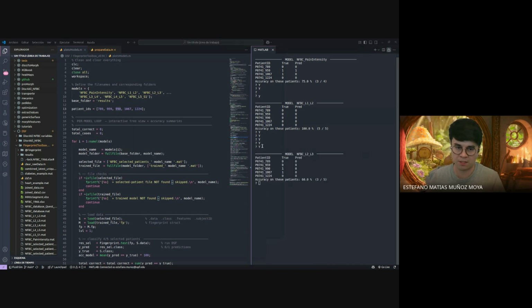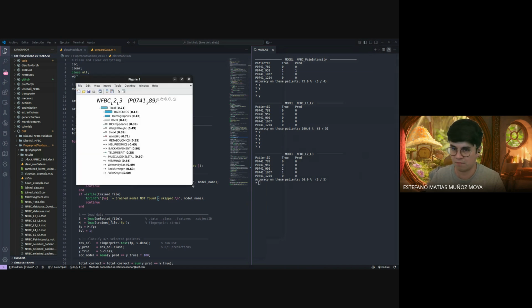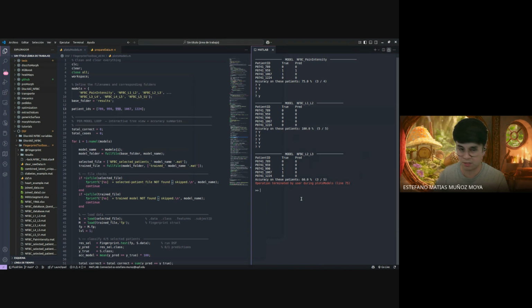Then we can continue with the next model, now for the degeneration of L2, L3. We can cancel this because more or less all of them share the same disease state fingerprint tree. This is part of the visualization, because the DSF is a visualization tool. Now what we are doing is filtering all the variables, because we have many.